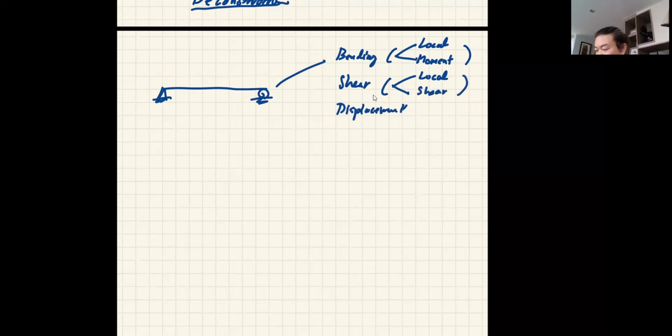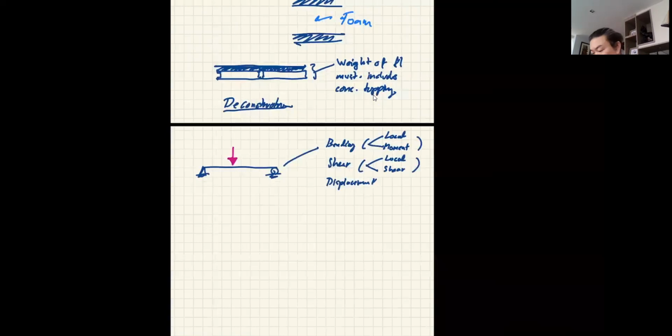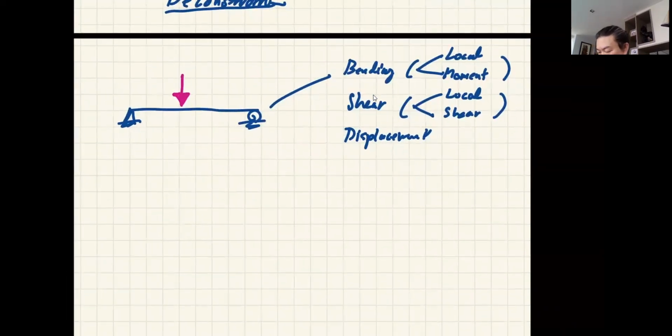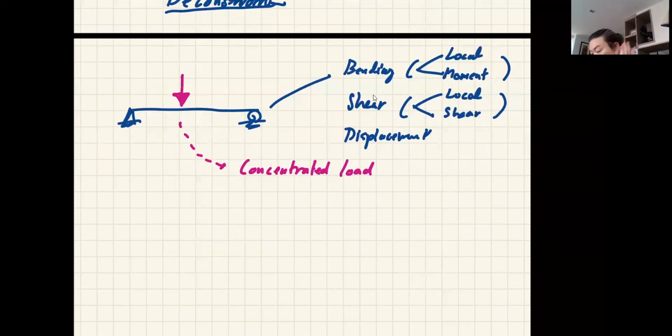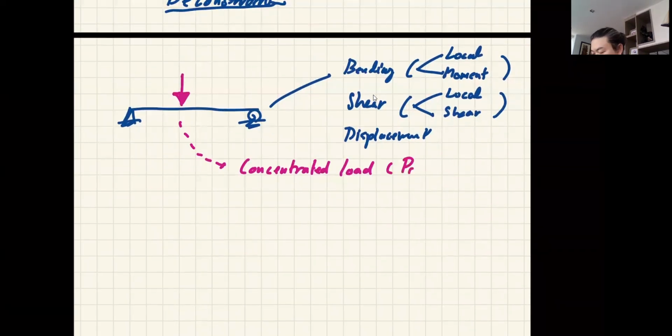However, let's say when your beam has to carry a point load. Point load is officially called the concentrated load. Or, well, I should say point load because it's a lot easier to pronounce.